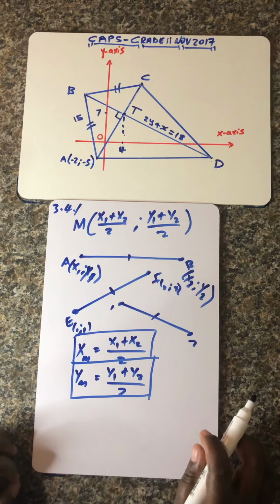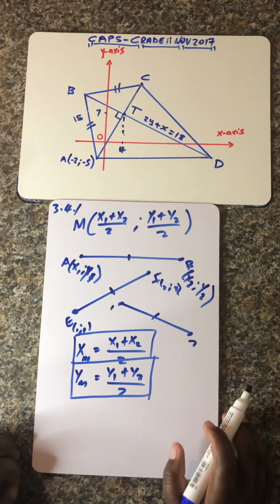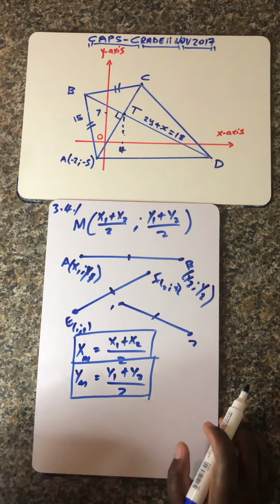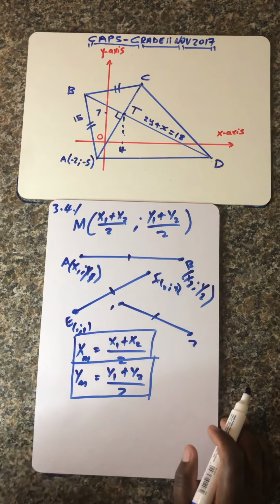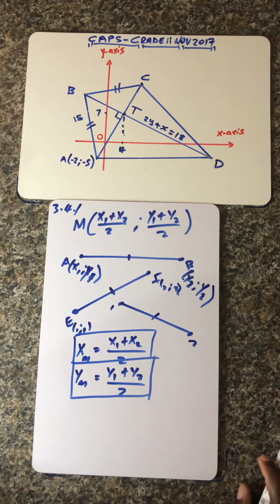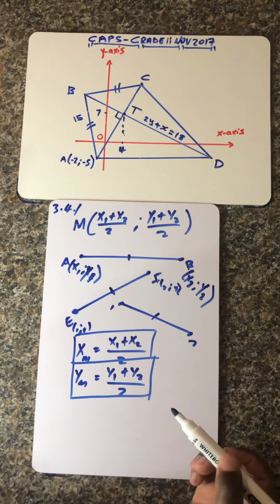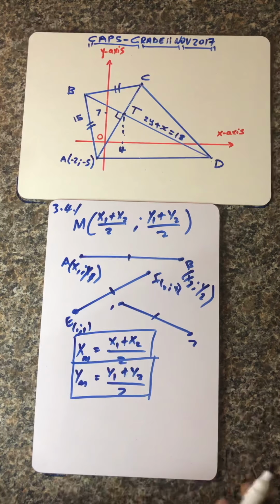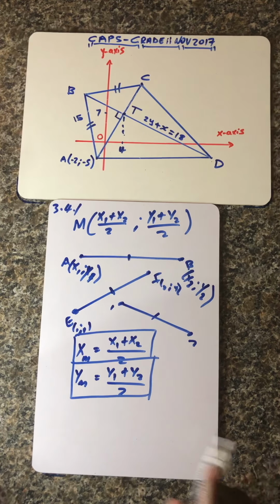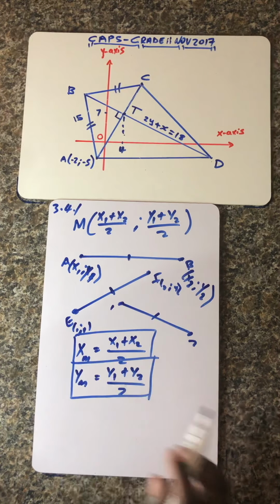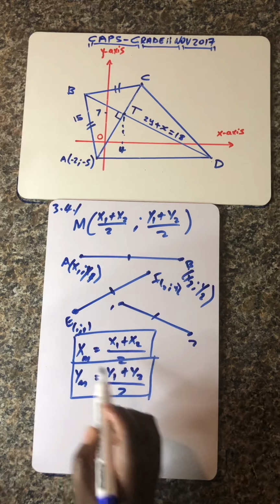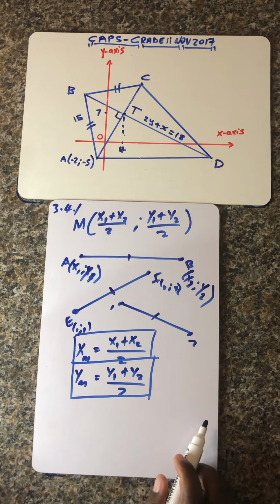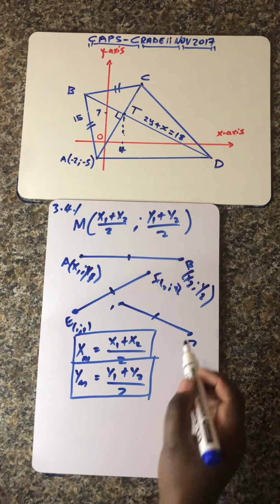So the examiner, or what do we call these guys who ask these questions in exam papers, whoever they are called, may not necessarily at all times request you to calculate the midpoint. They might give you the midpoint, and ask you to calculate the other point.